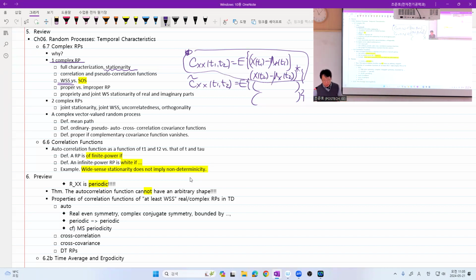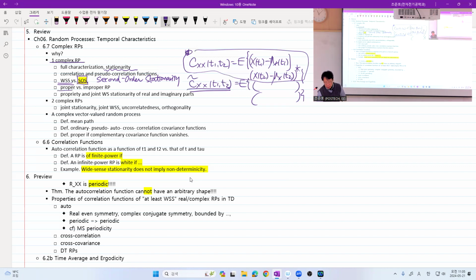In that case, some people put a constraint on the complementary covariance function again, like the complementary covariance being a function only of t1 minus t2. This is second order stationarity, which shouldn't be confused with stationarity to order 2. Second order stationarity requires a constant mean path, an autocovariance function of time difference, and a complementary autocovariance function, again a function of time difference.